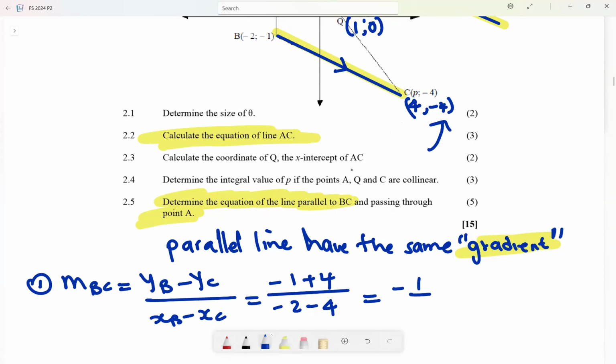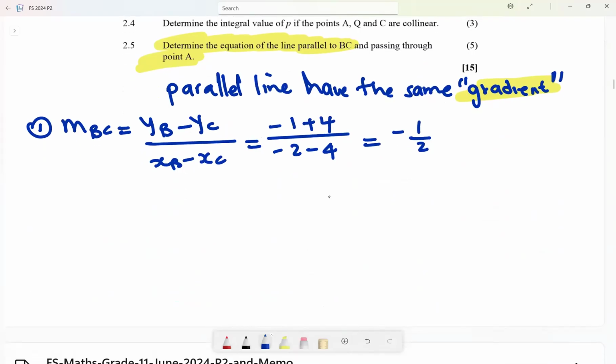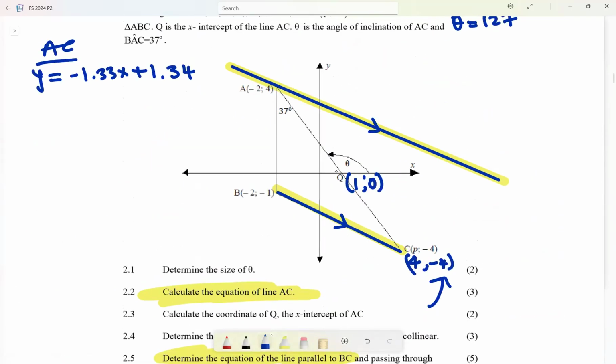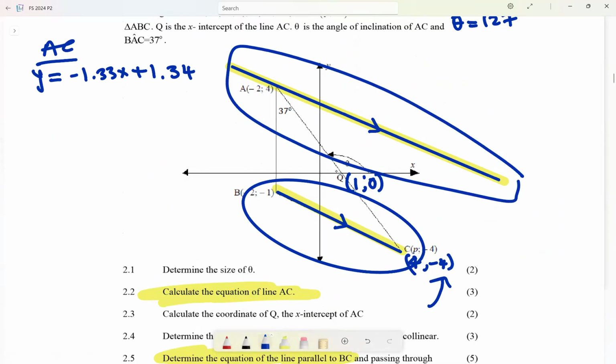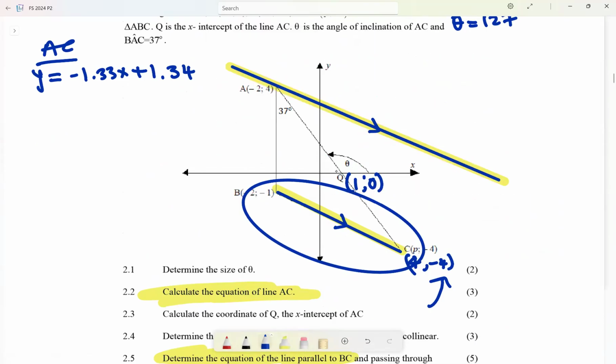You can confirm when you calculate them. But now remember number 2. Remember that the gradient of BC is equal to the gradient of a line parallel. It is equal to this gradient here. It is equal to the gradient of the parallel line. Okay?